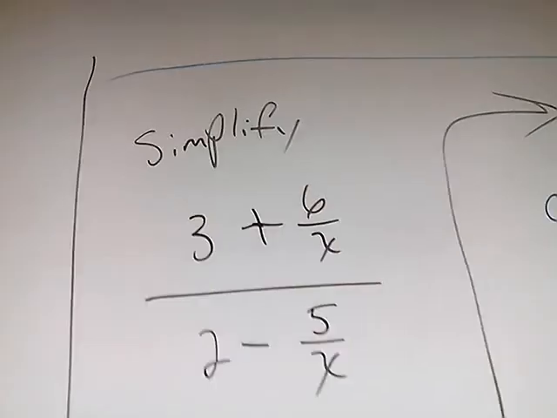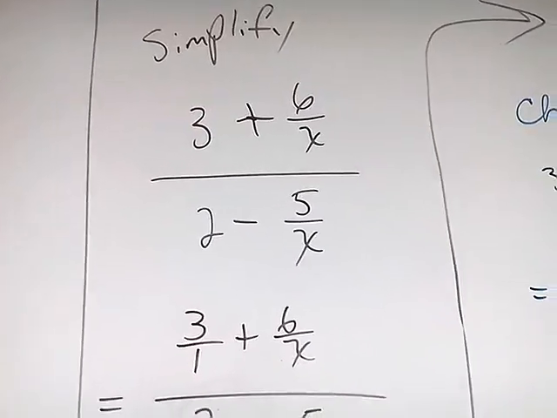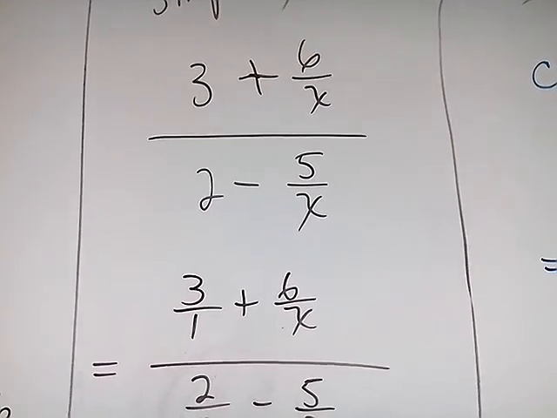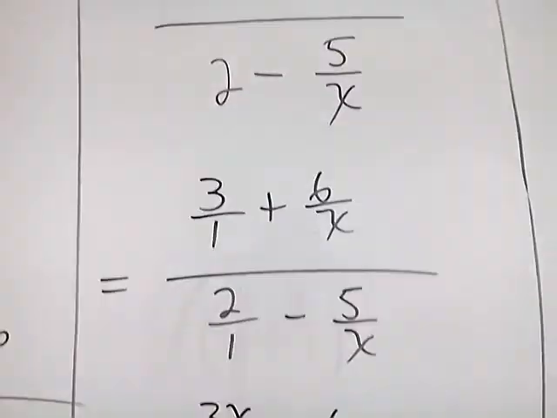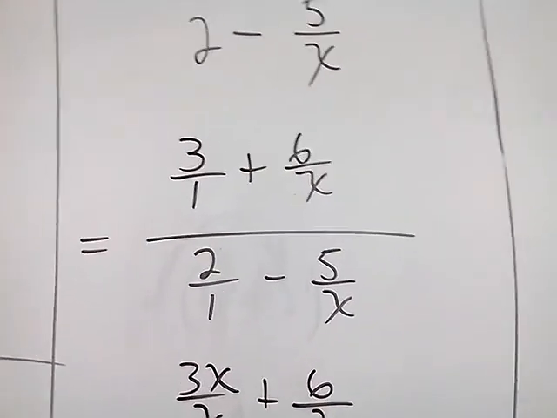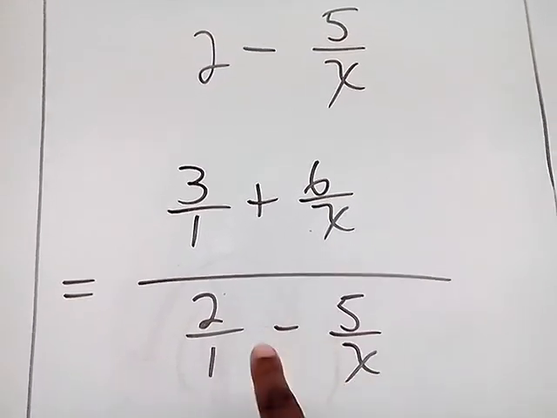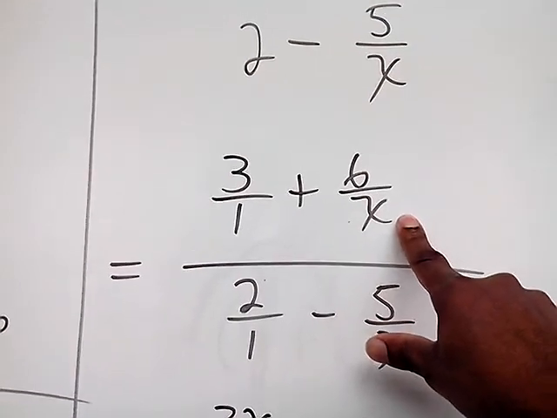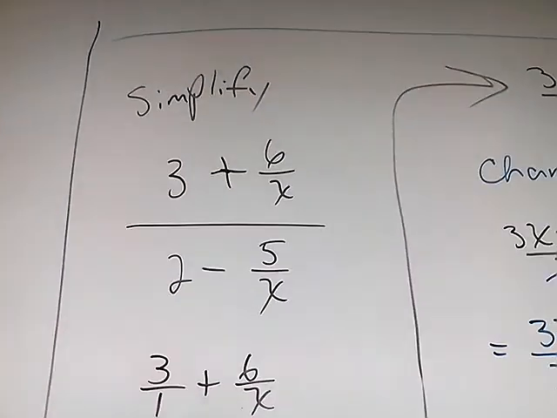And then in our last example, we have a problem that we're going to simplify involving having fractions in the numerator and the denominator. So again, finding our LCD for both the numerator and the denominator. Here, x is going to be our common denominator. Same thing here, x is going to be our common denominator.